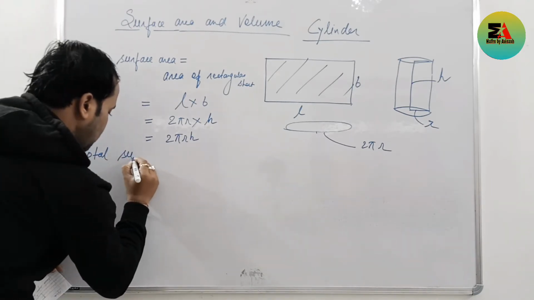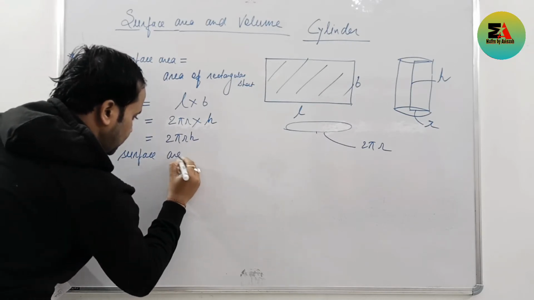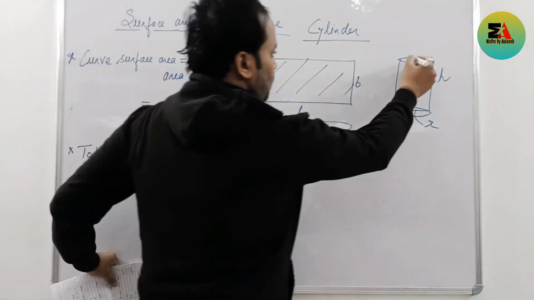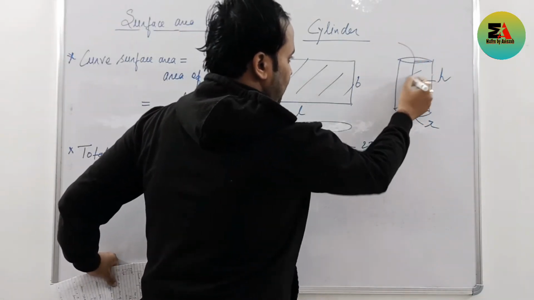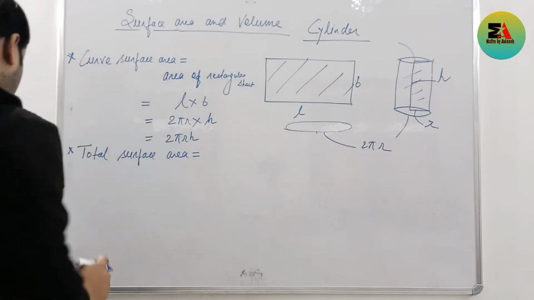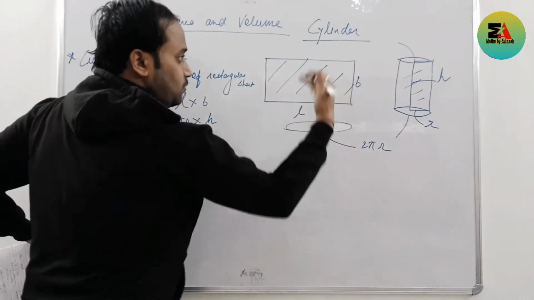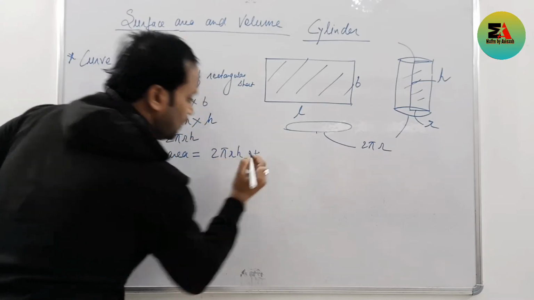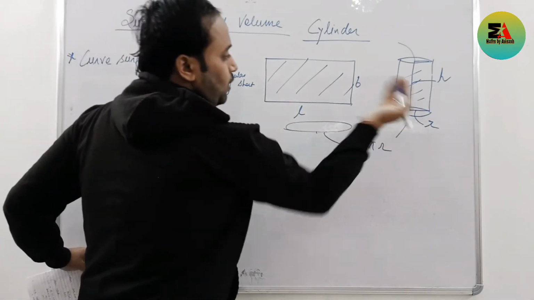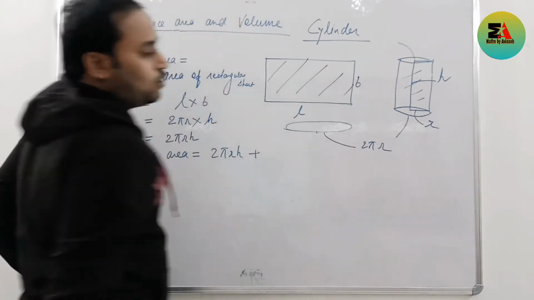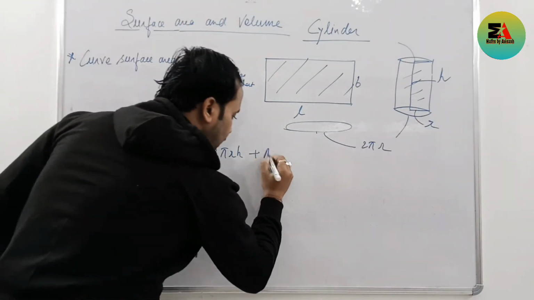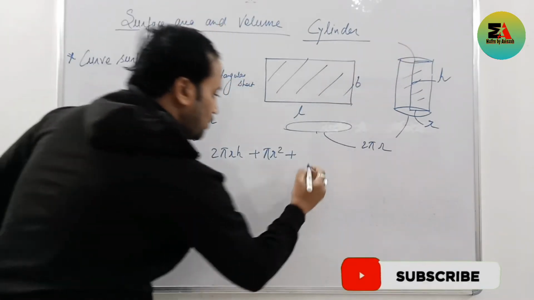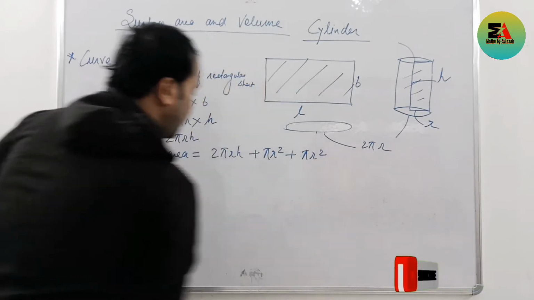Next one is total surface area. Total surface area means this surface and this surface. We know that the curved surface area of a cylinder is 2 pi r h. This one is the base of the lower circle, and we know that the area of a circle is pi r square. This is the upper one, also pi r square.